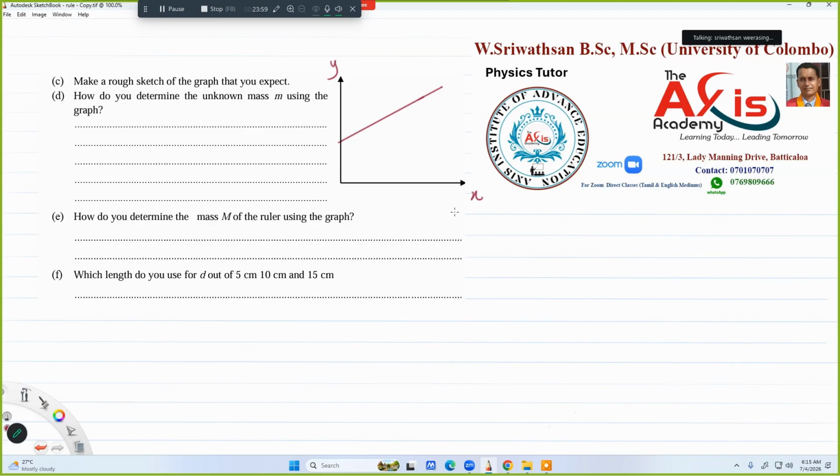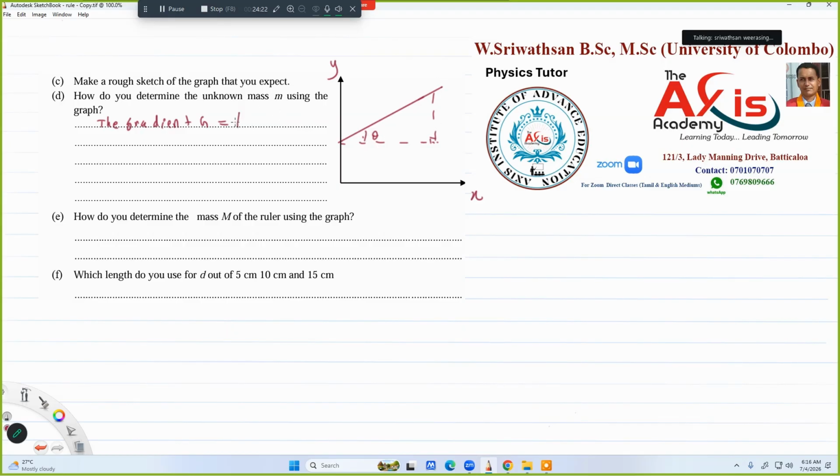We need to find the gradient G. Right? Need to draw a right angle triangle. From that we can find the tan value, the difference of y over the difference of x.